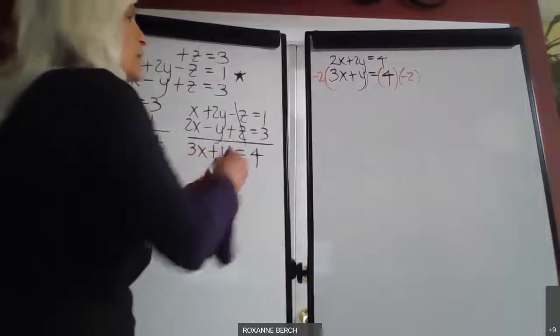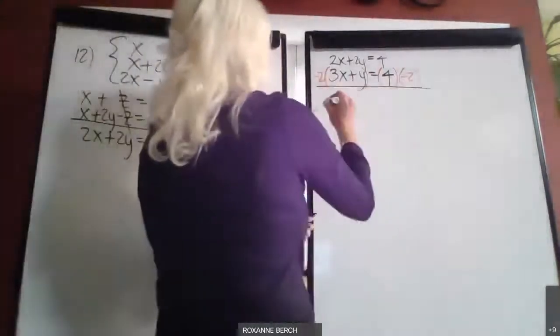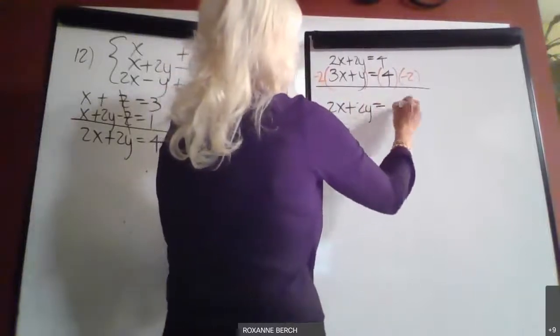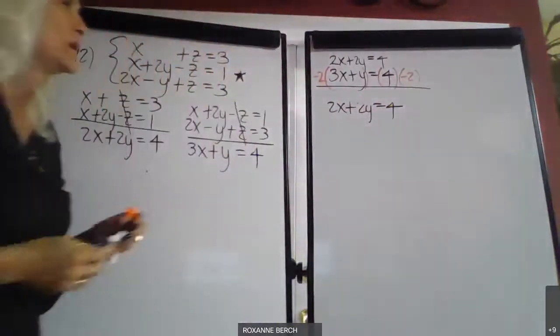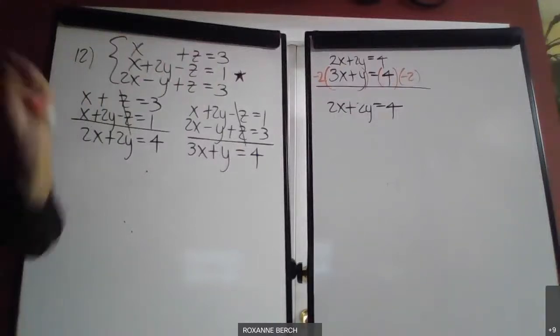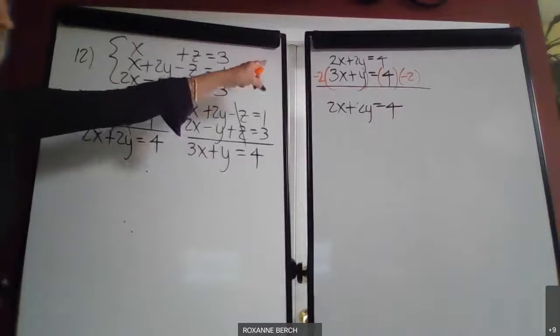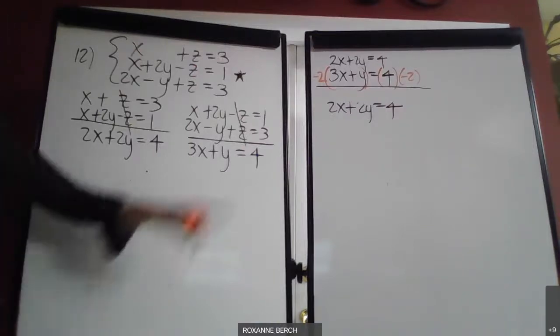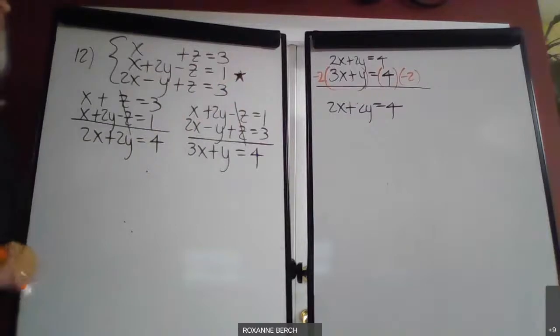All right, so we have 2x plus 2y equals 4. You know what? You could have divided the top by 2, and that might have been easier.